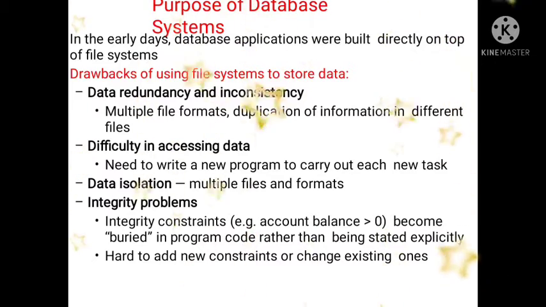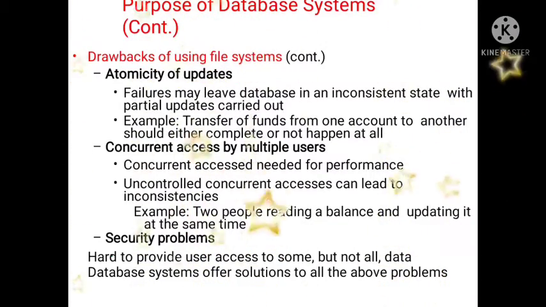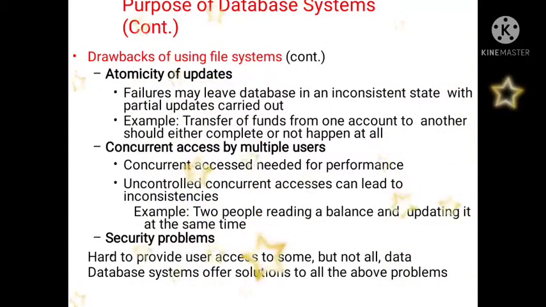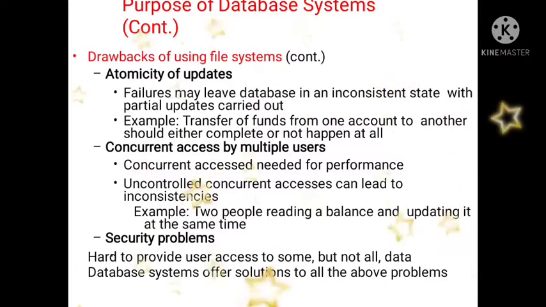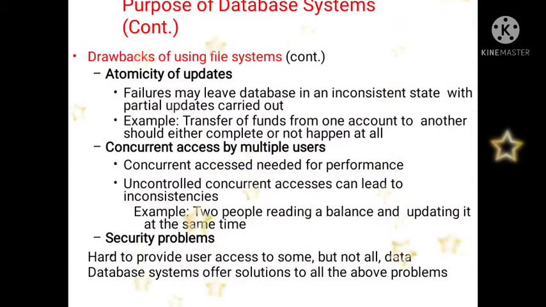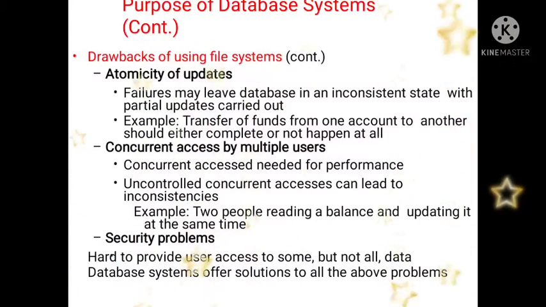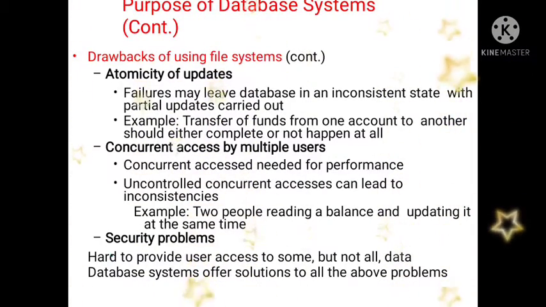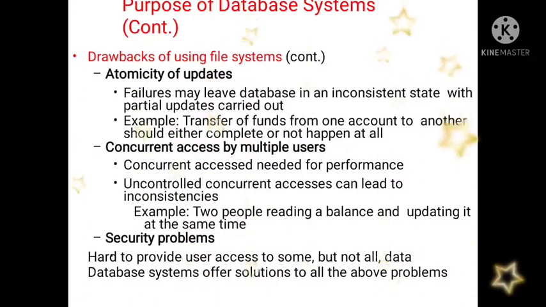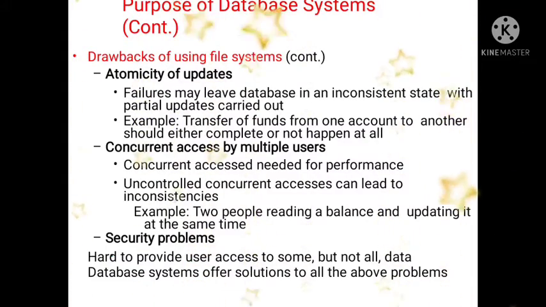To overcome that problem, we are using a database system. Next is atomicity. If a power failure or transaction failure occurs, it is easily rectified with the help of our database system. And next, concurrent access by multiple users: the database is accessed by multiple users at the same time.